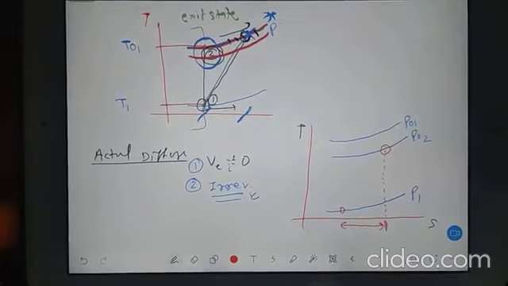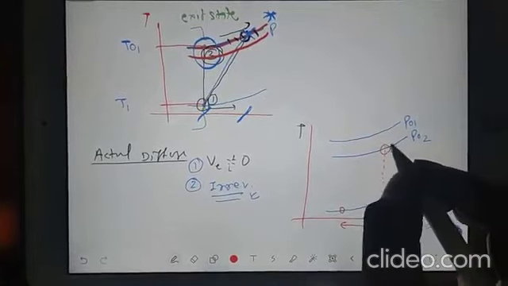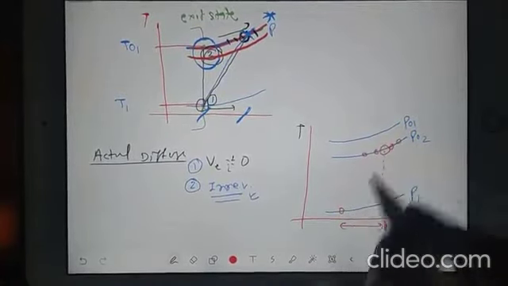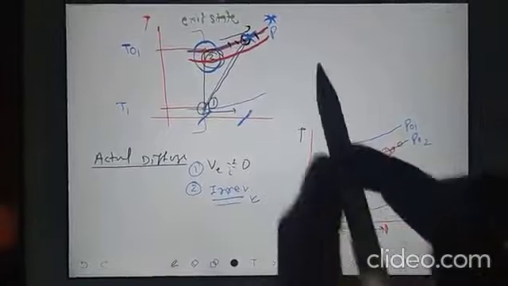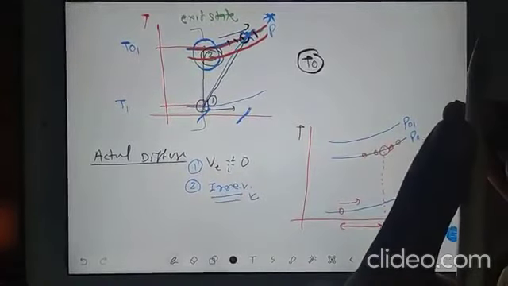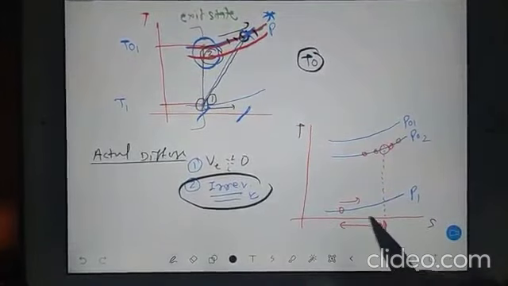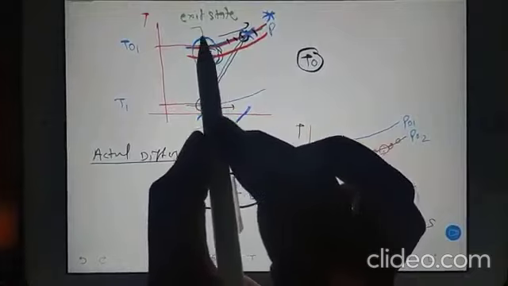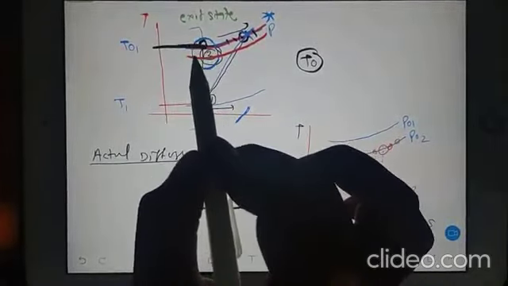But how will you decide your point P naught 2 in the diagram? You will decide here or here or here or here. Like after this, how much long you will decide? So that you will decide with the help of T naught, because irreversibility does not change T naught. So in case of ideal, you are getting this much T naught.